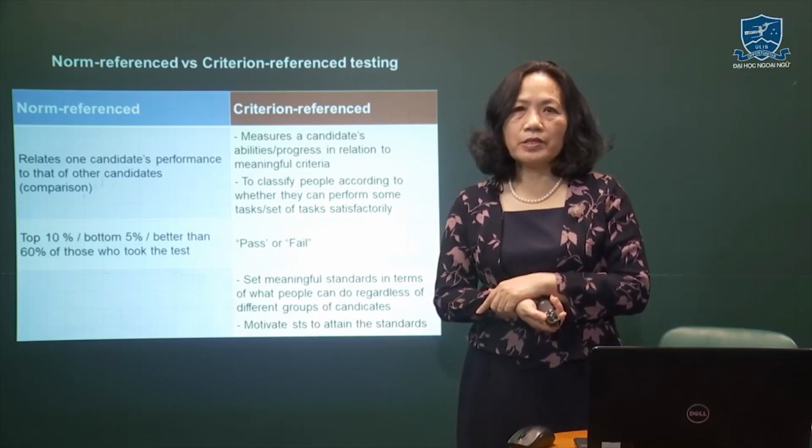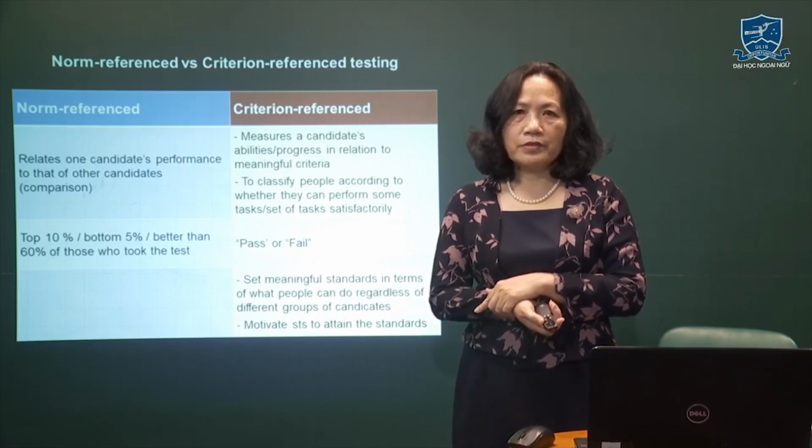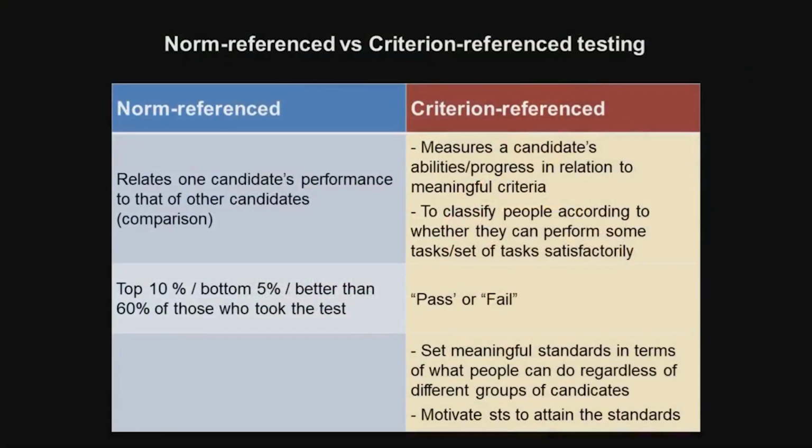And what about criterion-referenced? Criterion-referenced testing is used to measure a candidate's abilities or progress in relation to meaningful criteria, not to other students, not to other candidates, but to a set of criteria.